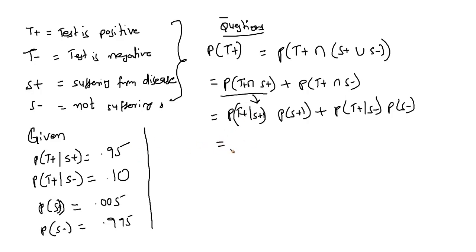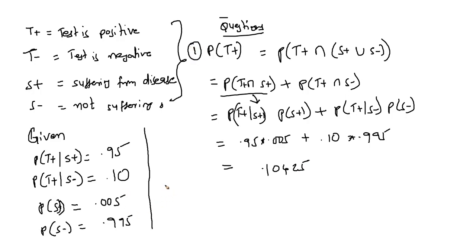Which is going to be 0.95 times 0.005 plus 0.10 times 0.995. So you will see that probability of t plus is 0.10425, right? So we answered the first question.